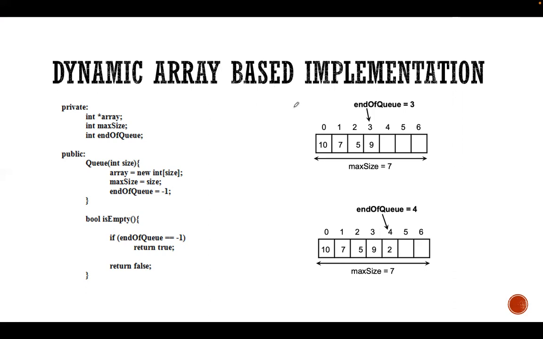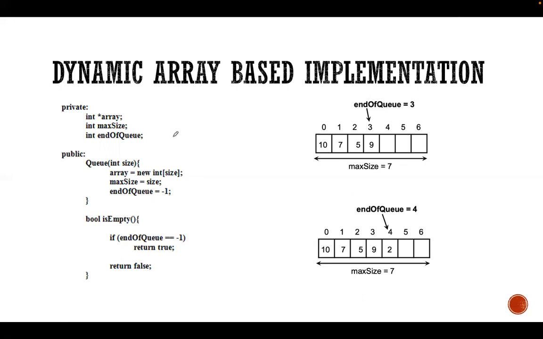And using the dynamic array, that's how we can resize the queue. For example, if you have a queue with size 50, but you have an additional item that exceeds the maximum size, in that case, you will have the flexibility to resize your array.